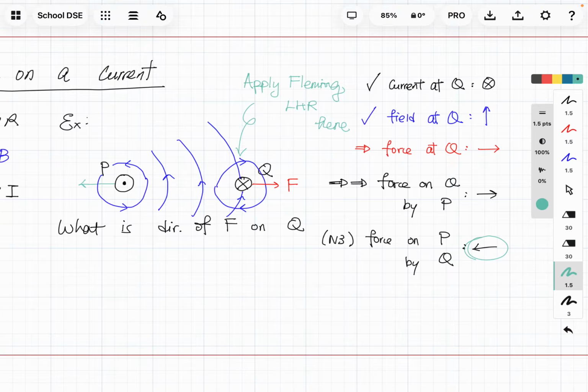Another example would be you have a magnetic field which is pointing to the right-hand side. In other words, for example, you have a north pole here, and then you have a south pole here.